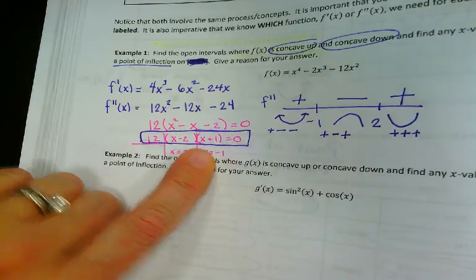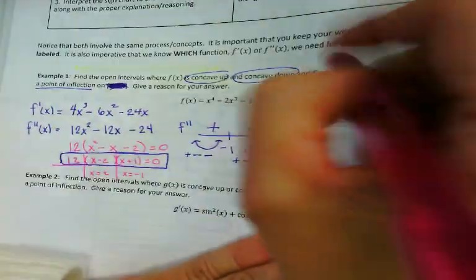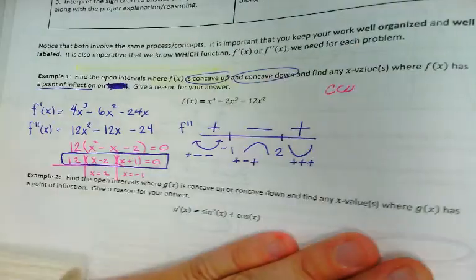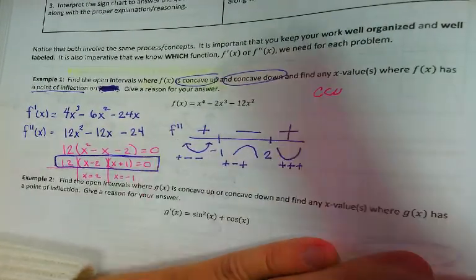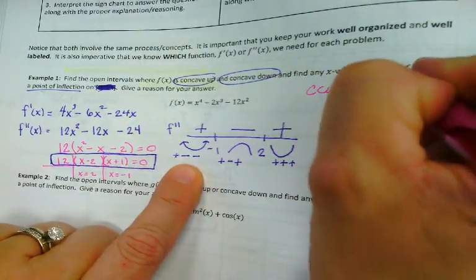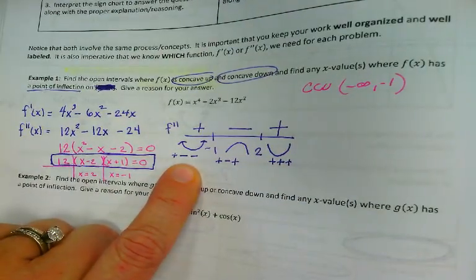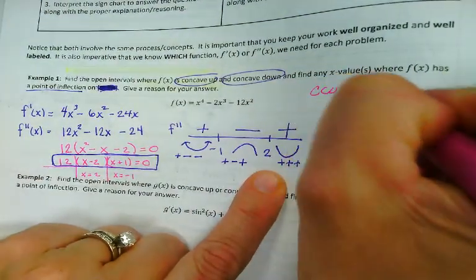Okay, so now we have a bunch of information we're going to identify here. So we're going to talk about first being concave up. I'm concave up where my second derivative is positive, so from negative infinity to negative 1, and from 2 to infinity.